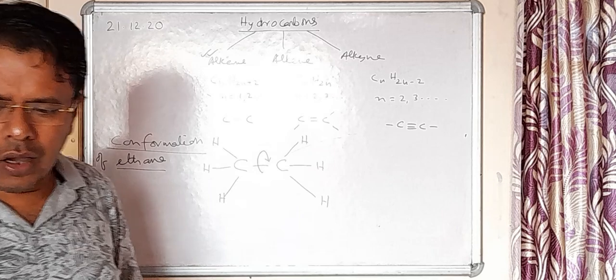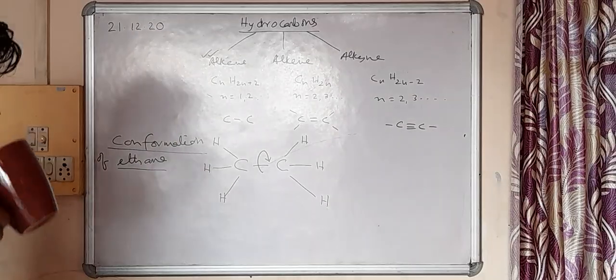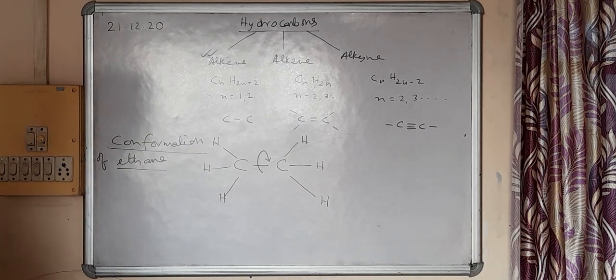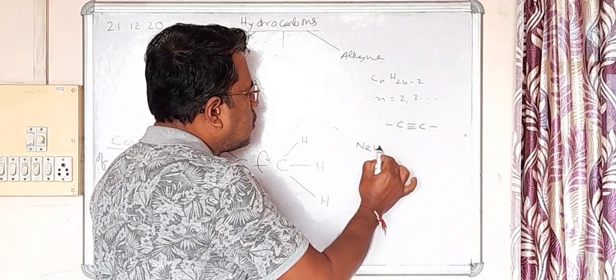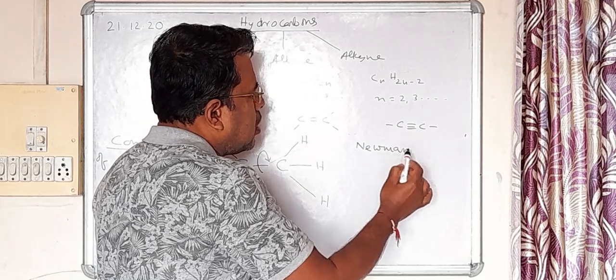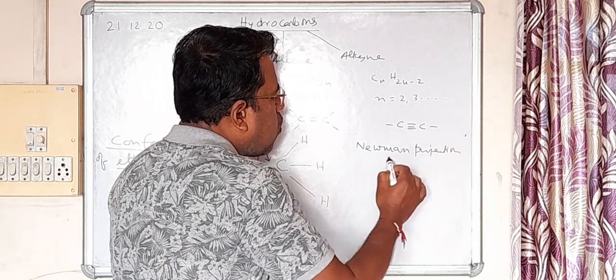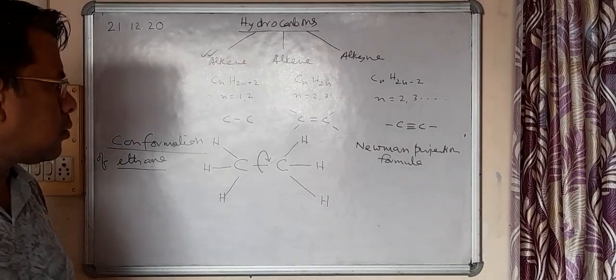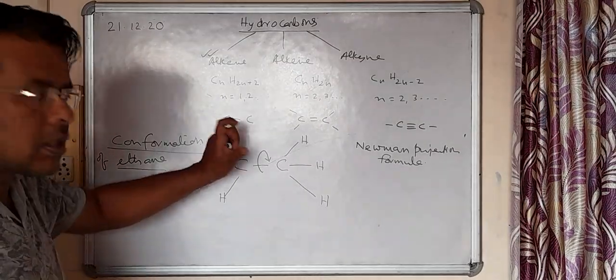Now the question arises: how to represent, how to show those different forms? There is the Newman projection formula. With the help of this Newman projection formula, we can represent those different forms.